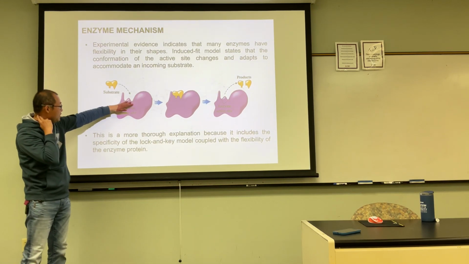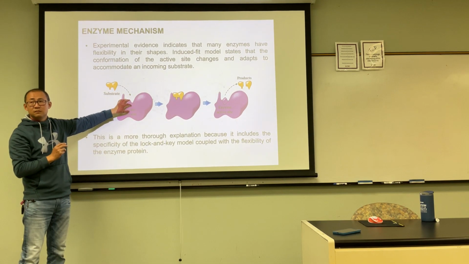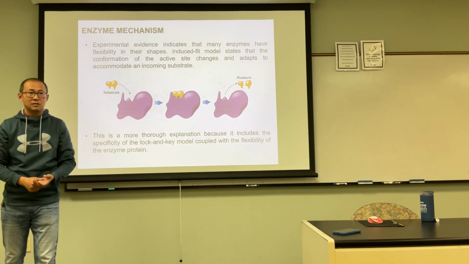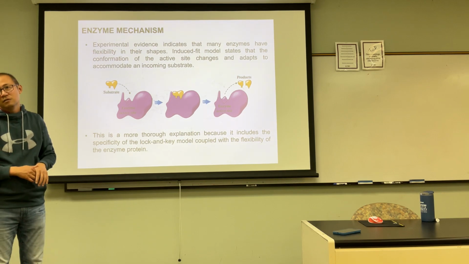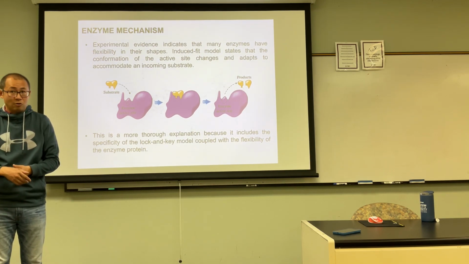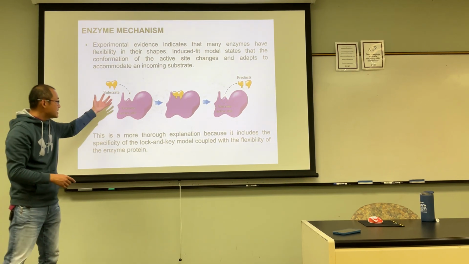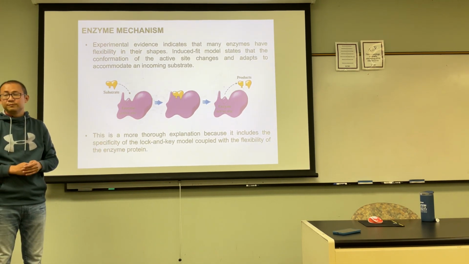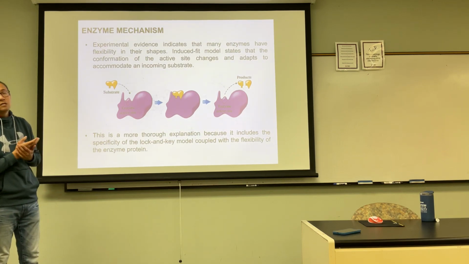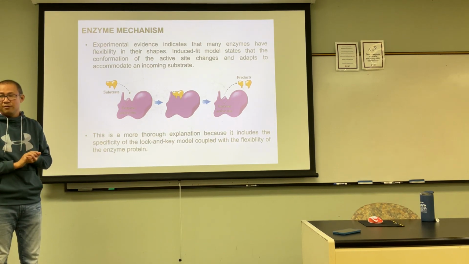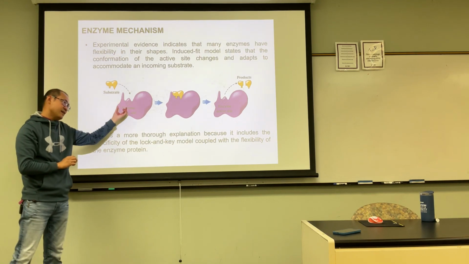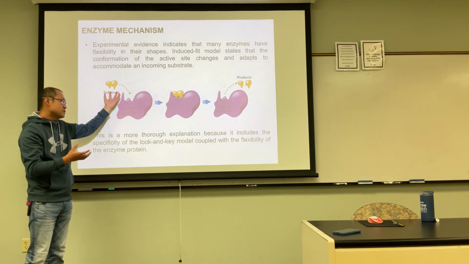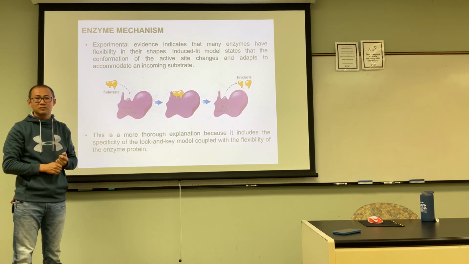Because of the flexibility of the active site, the enzyme can take substrates of similar structures, because they can change a little bit. Of course, you cannot have a big structural difference. The substrate that it takes in still has to be similar. We call this induced theory. The enzyme active site can adapt a little bit to take substrates with similar structures.